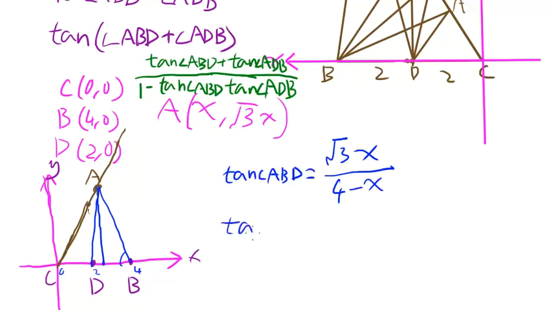Now what is tangent ADB? Tangent ADB is going to be root 3x over 4 minus x this time, this thing. It's going to be x minus 2. Root 3x is always going to be still root 3x.